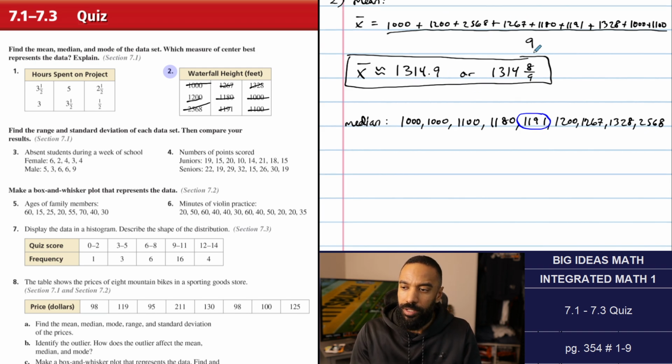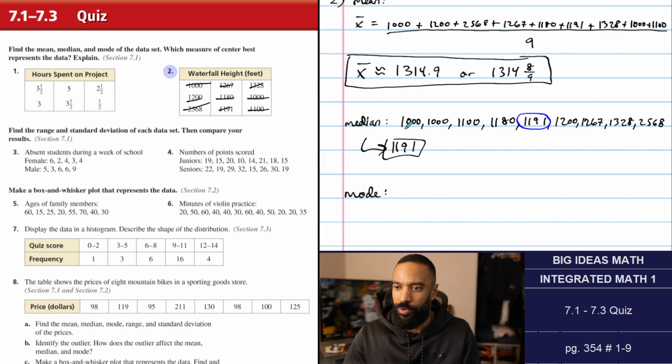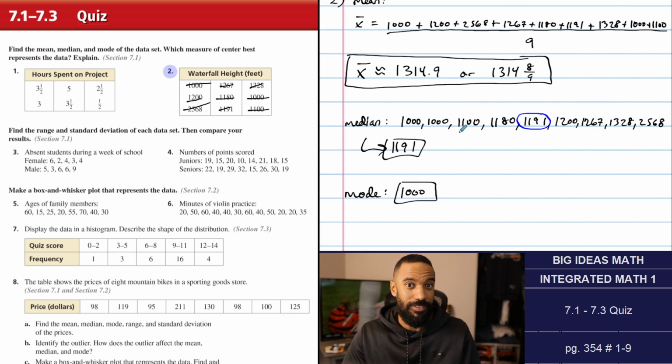Now the mode, so here's the median, by the way. The median is 1191. The mode is, once again, the value that occurs most frequently, and I believe that's 1000, and once again, that seems to be not really in the center of the data.